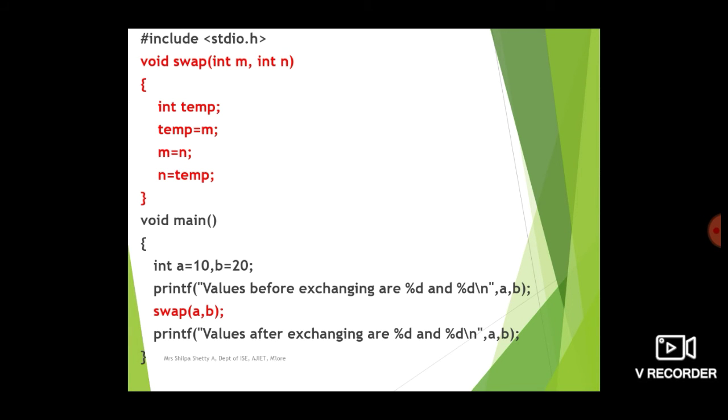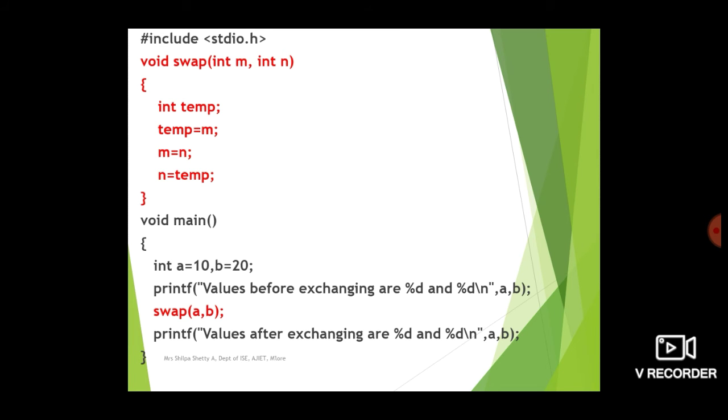In order to exchange two variables, we need a temporary variable. First, the first value will be copied to the temporary variable. Once it is saved in the temporary variable, the second value will be copied to the first variable, and then to the second variable we will copy the value stored in the temporary variable. So that is how the exchange takes place. Temp is equal to m, m is equal to n, then n is equal to temp. This is how we exchange the two variables.